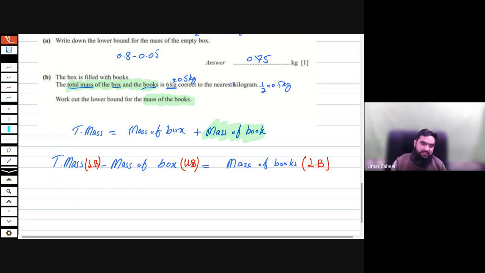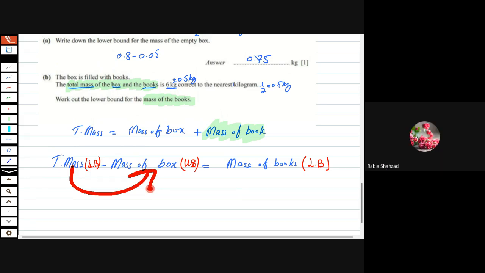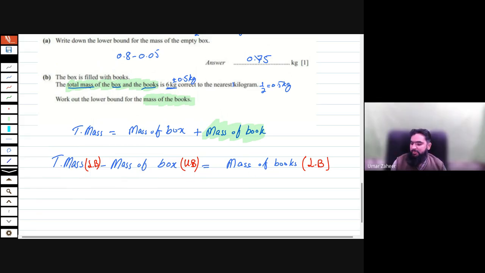If you take the mass of the box first and total mass after, you will get a negative value. The mass of the books will never be negative. So in addition and subtraction, you are always subtracting the smaller value from the bigger one. That's why first of all I write a general formula, and then I take it from there.